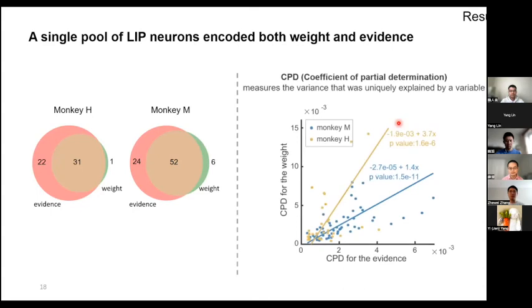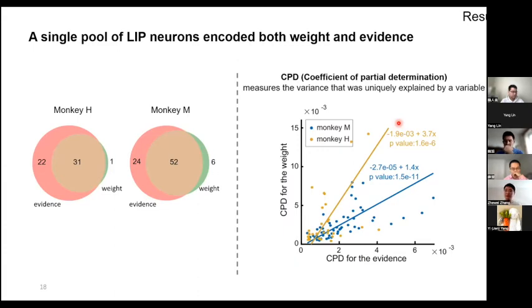Next, we measured the encoding strength of each variable with CPD. CPD captures the variance that is uniquely explained by a variable. The left panel shows the CPD of evidence and the shift weight, and each dot denotes a neuron. We can see there is a clear positive correlation between the two CPDs, so the neurons encoding evidence strongly also tend to encode the shift weight.